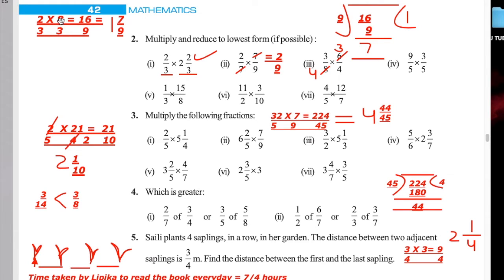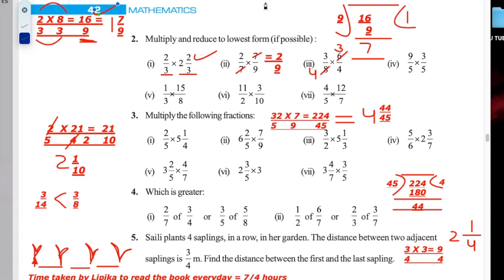And next, nothing is going to be cancelled in numerator and denominator. So what you will do, 2 8s are 16 and 3 3s are 9. Now this 16 by 9, as you can check, the numerator is greater than the denominator. So it is an improper fraction, and always we convert an improper fraction into a mixed fraction.